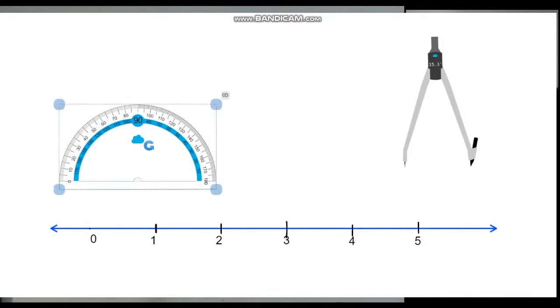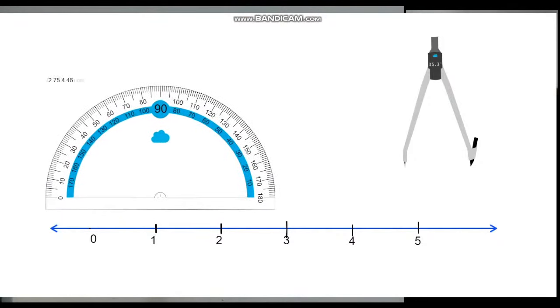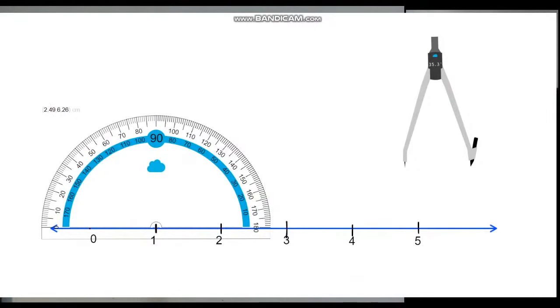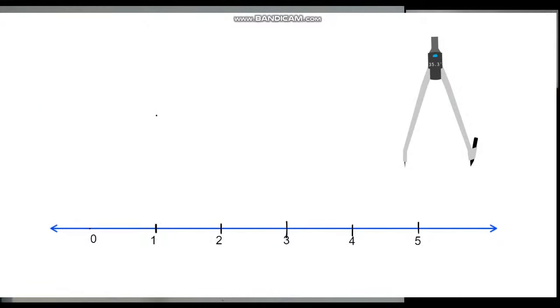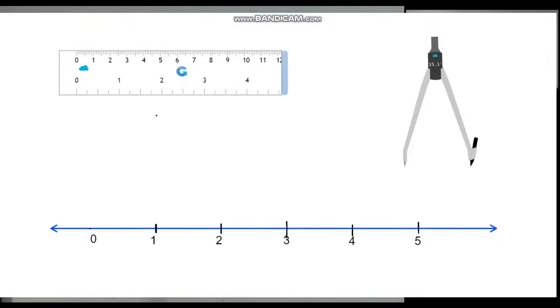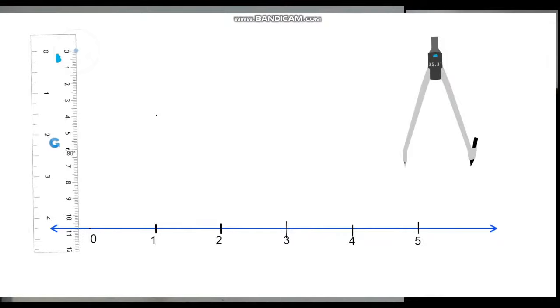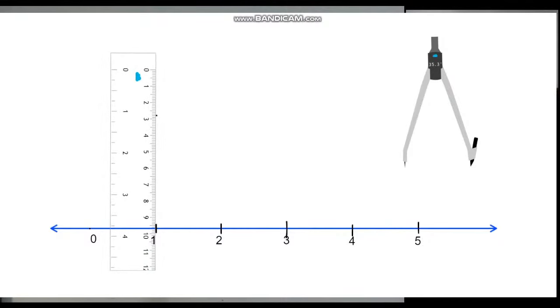Now see that, use a protractor to draw. Take 90 degrees, and draw a perpendicular line segment at the point 1.